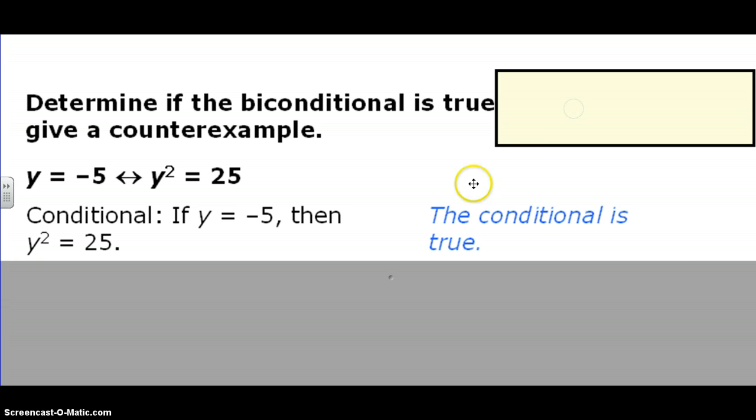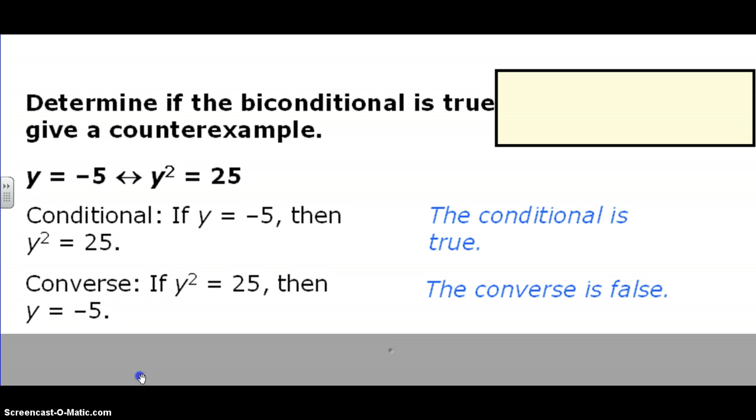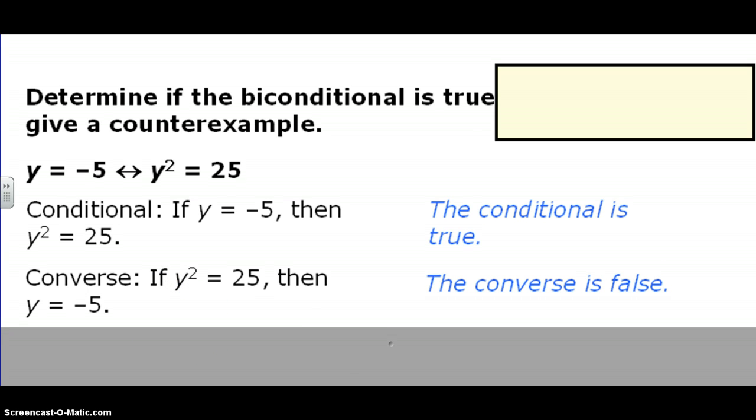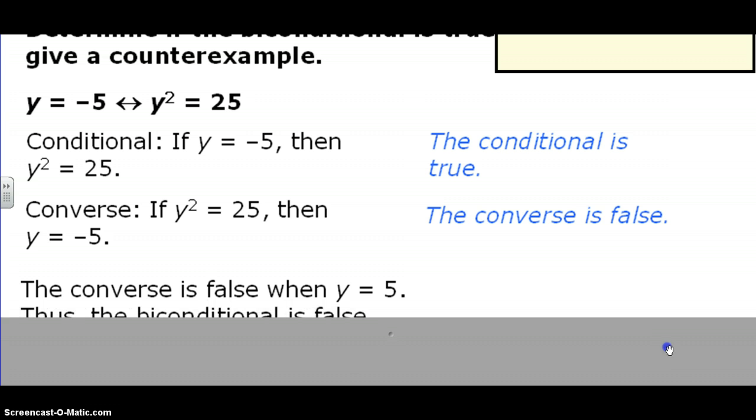Yeah, I think that's true. -5 times -5 is 25, okay? So how about the converse? If y squared equals 25, then y equals -5, right? The converse is false. Give me the counterexample. The counterexample is y equals 5. So this biconditional is false.